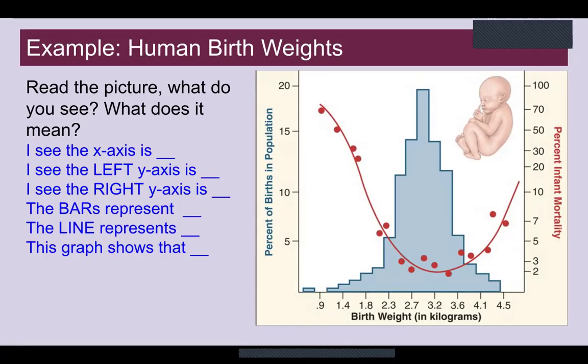What is represented on the left y-axis? What is represented on the right y-axis? What do those blue-green bars represent? What does that red line represent? And overall, what is this graph showing?